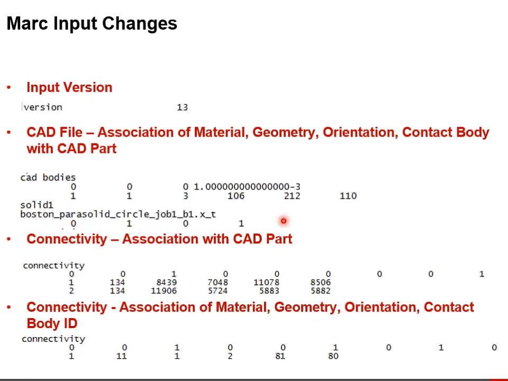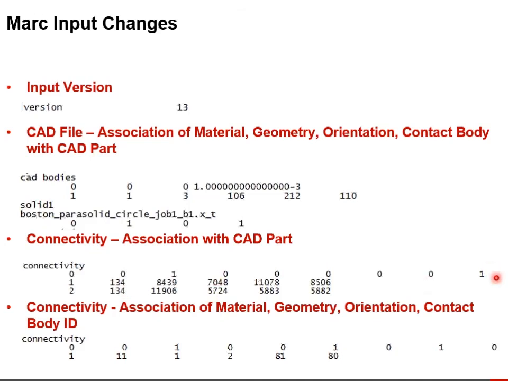So when you introduce your model into Mentat, if you say this CAD body is used for contact, or this material is associated with this CAD body, or this orientation is associated with this CAD body, we're going to use that later. This is actually the different examples of it here. Here we have connectivity associated with a CAD part.